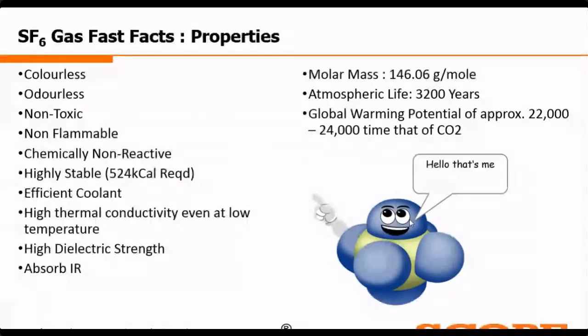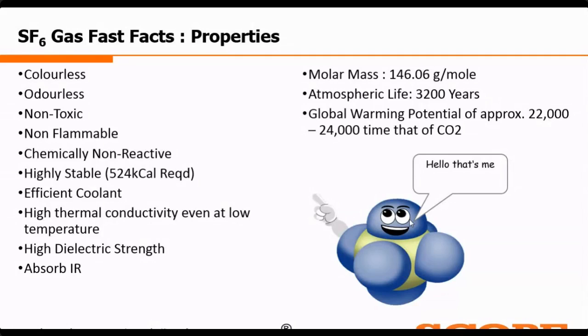Different committees like the IPCC, the Intergovernmental Panel on Climate Change, have strictly said that SF6 release in the open environment is totally banned. Basically, this happened after the Kyoto Protocol. Do not release SF6 into the open atmosphere because the global warming potential is very high, and also the atmospheric life is almost 3200 years.